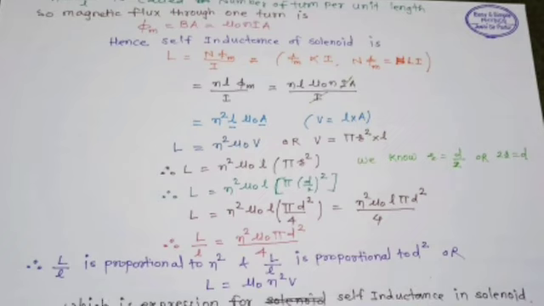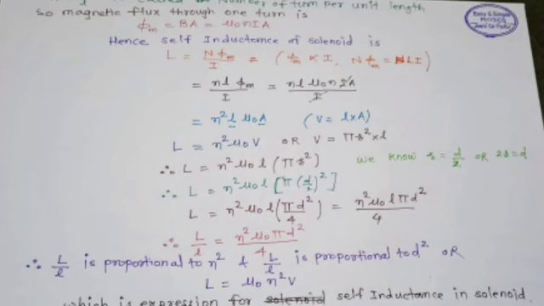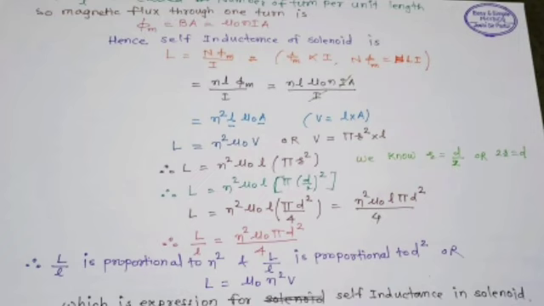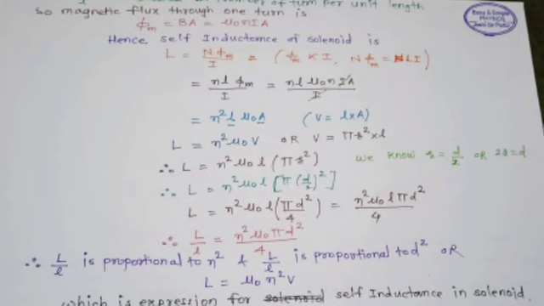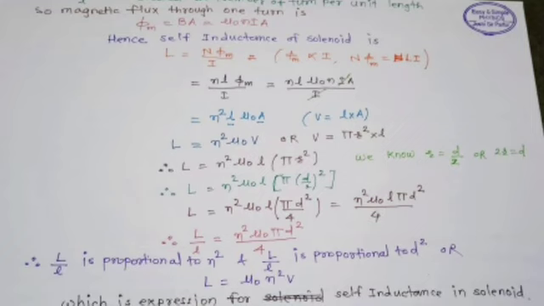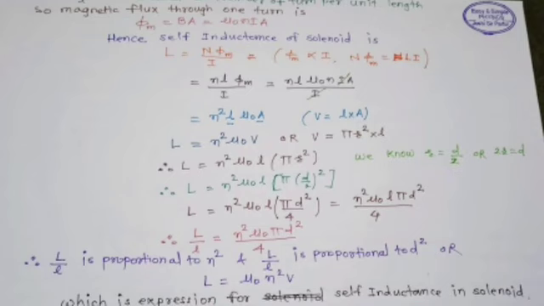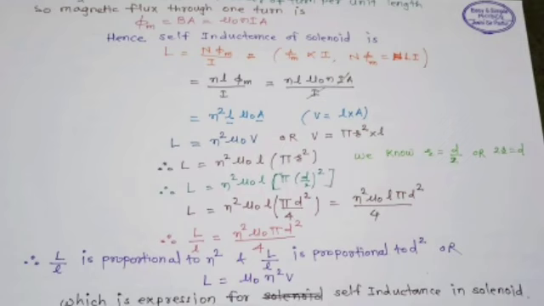We know r is equal to diameter upon 2, or diameter is equal to twice r. Self-inductance capital L equal to n squared mu 0 l in bracket pi d squared upon 4.